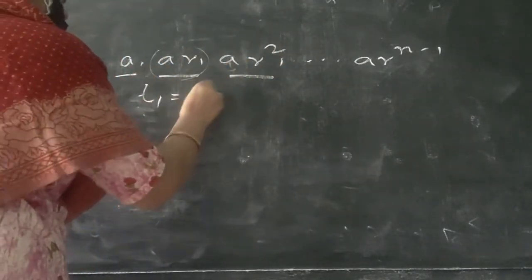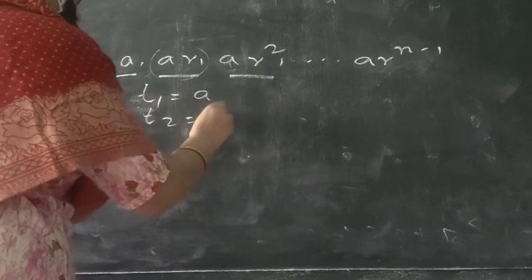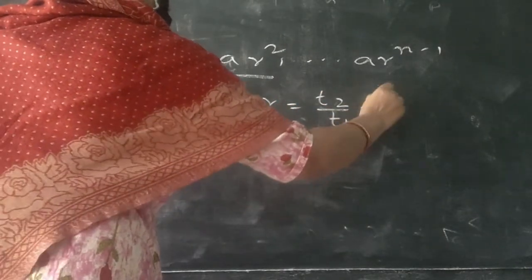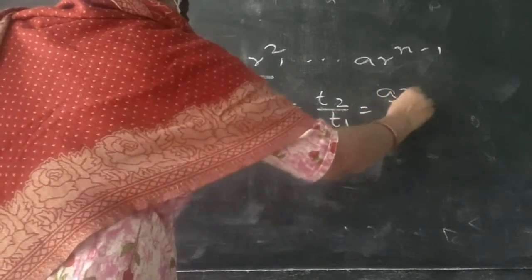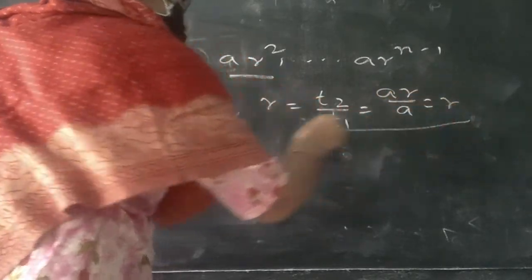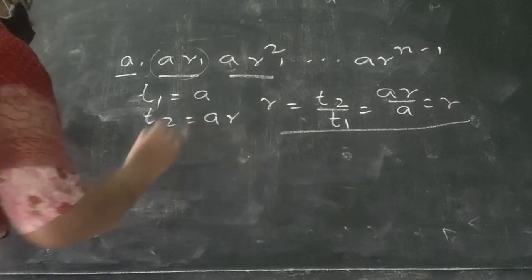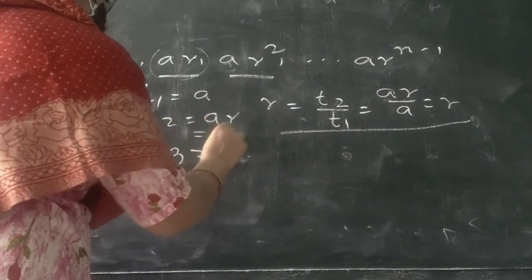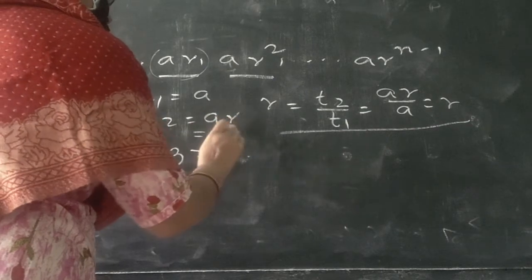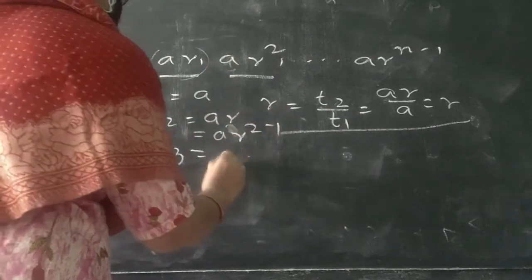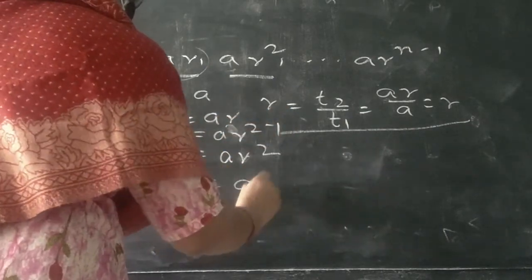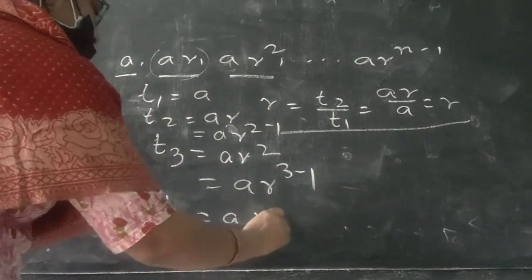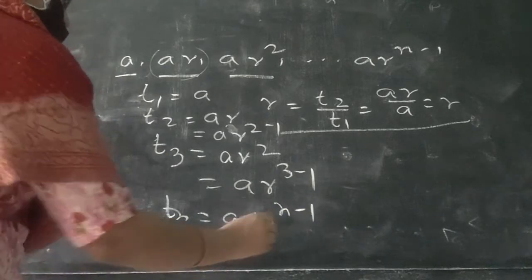So T1 equals A, T2 equals AR, so I will get R equals T2 by T1, this equals AR by A, this equals R. Okay. T3 I can write as AR to the power 3 minus 1, this is AR square. So Tn equals AR to the power n minus 1. Okay.